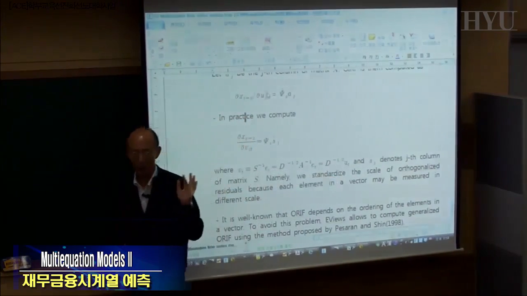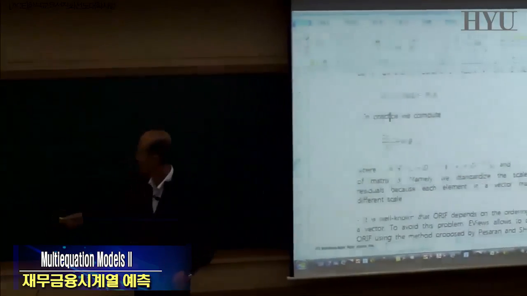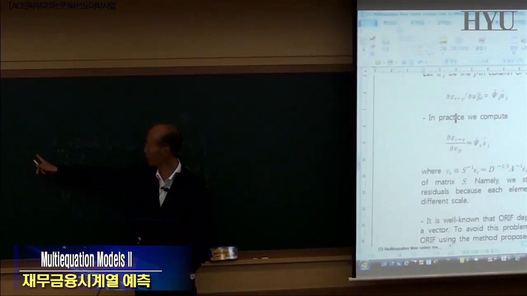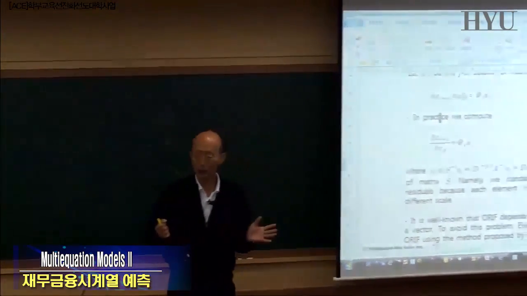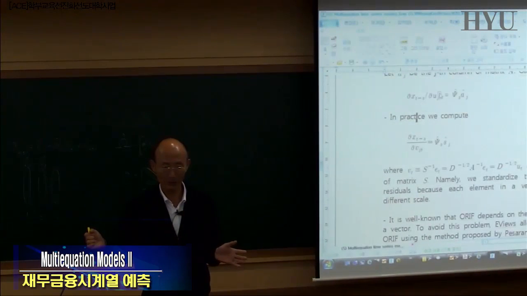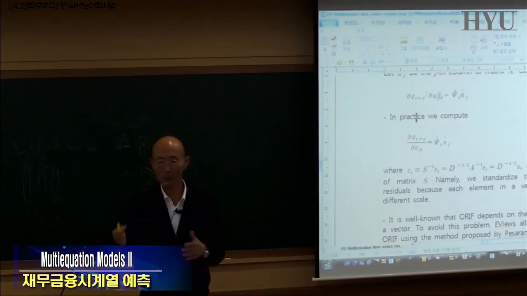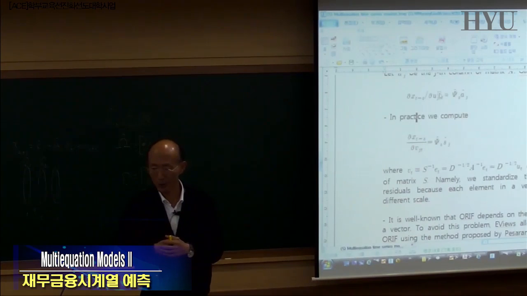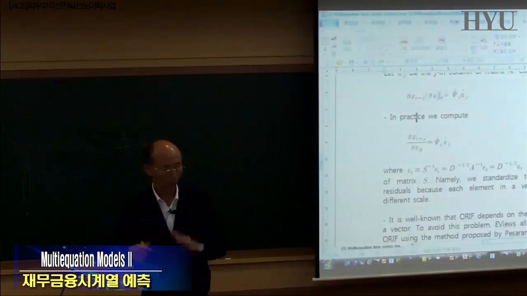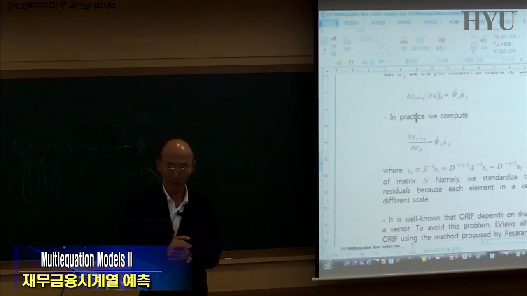Why do we do that? Well, because those elements in vector X may be measured in very different units, right? One in billions of Korean won. The other one could be in percent. The other one could be in decimal. So all have different scales, right?